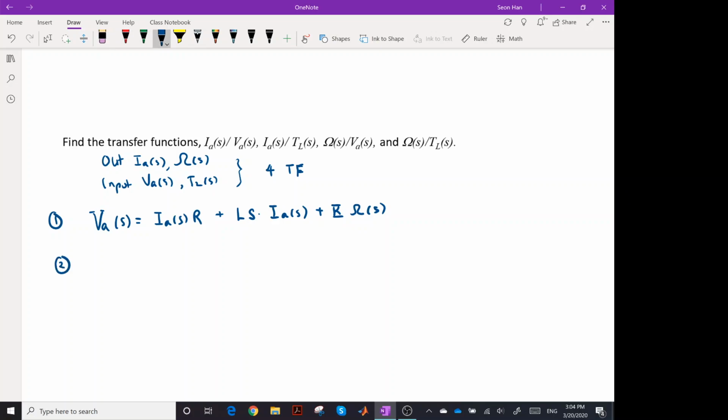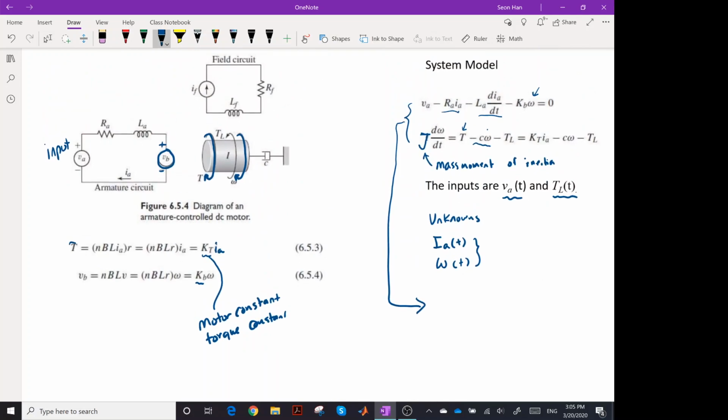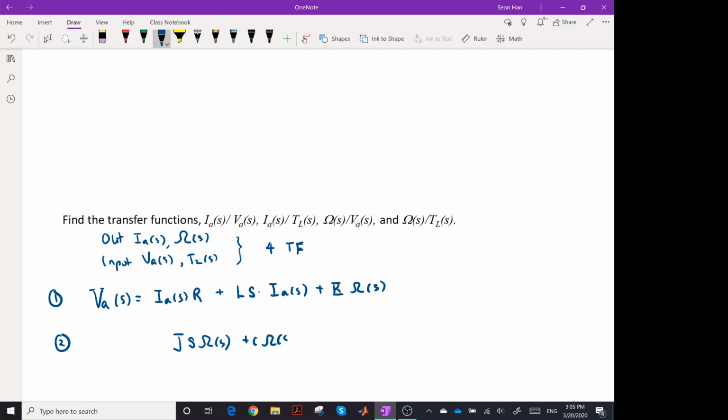If I take a Laplace transform of the second equation, the sum of the moment, I'm going to put the sum of the moment on the right hand side, which is equal to J times S times omega S. The sum of the moment is equal to I alpha, and the sum of the moment equals C omega plus C times omega, and the torque that's applied by the armature current, which is equal to K times I_A(S).